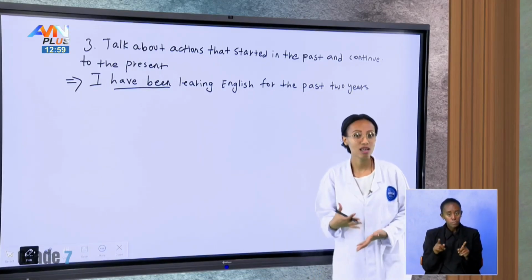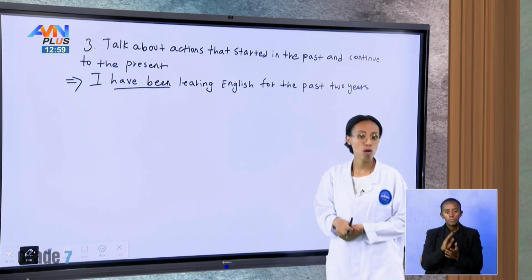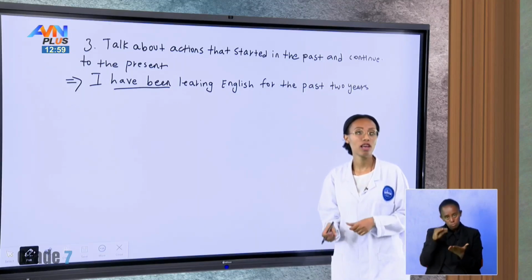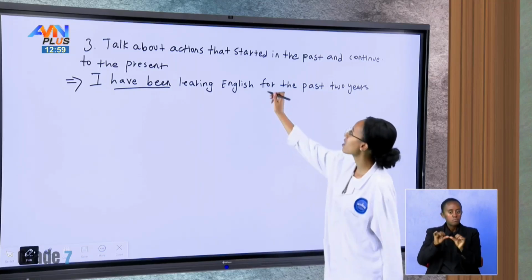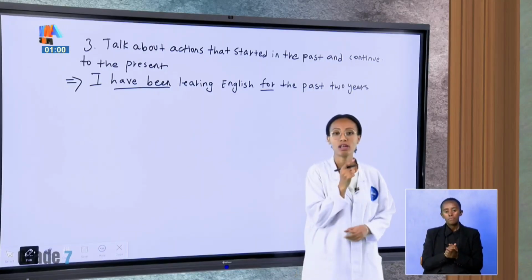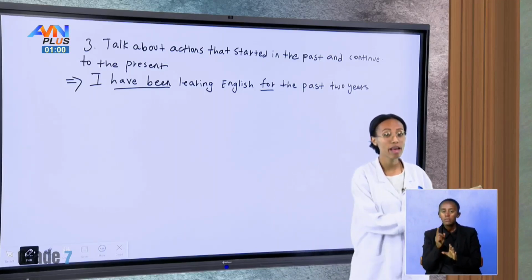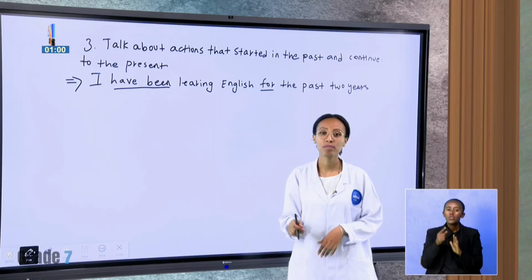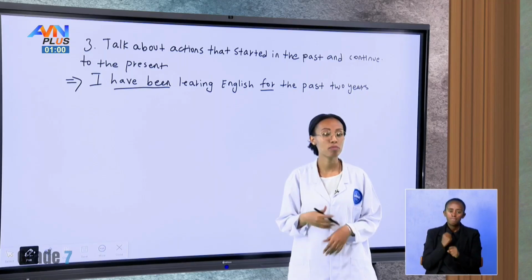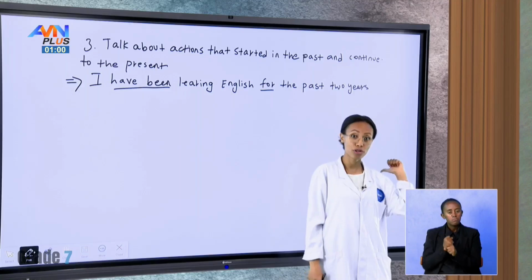The action is still being performed. You are still learning that language. We also use another time expression indicator here, which is for. It is telling us for that long a time we have been performing that action. So even though the action started 2 years ago, it's still ongoing.